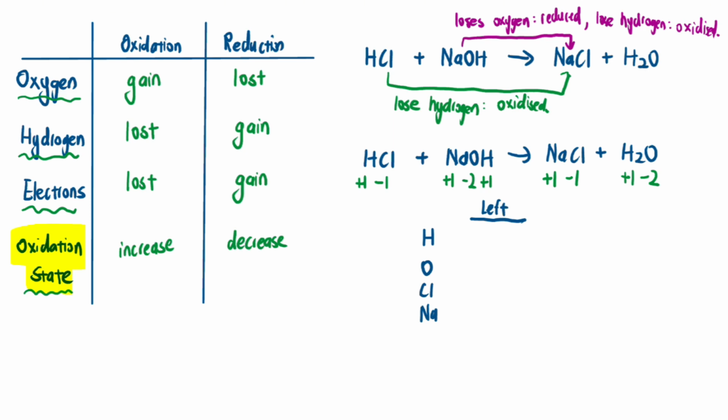Let's start with hydrogen first. On the left hand side of the equation, the oxidation state of hydrogen is +1. Then for oxygen it is -2, for chlorine it is -1, and finally for sodium it is +1.